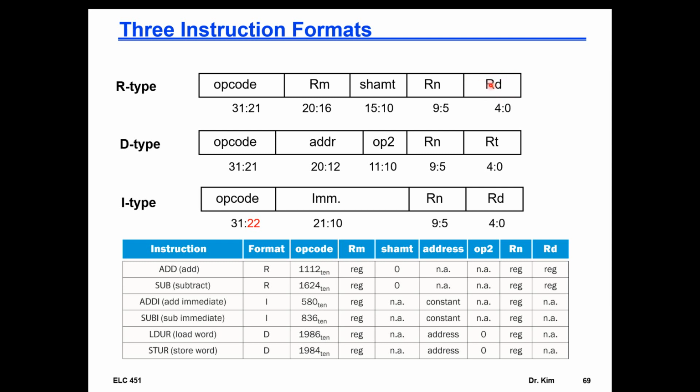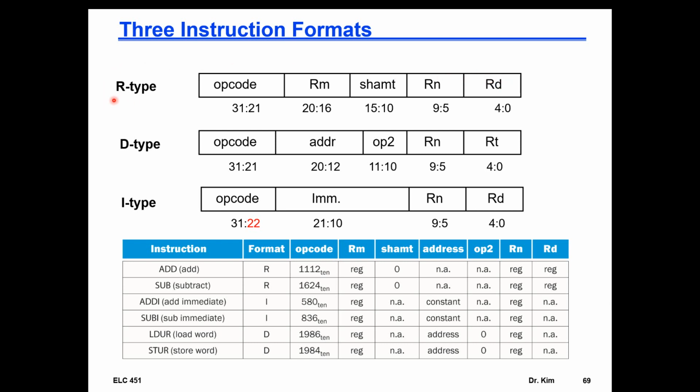Notice that each field for the register is 5 bits. That's because we have 32 registers, and we need 5 bits to specify any of those 32 registers uniquely. So that is the R-type.